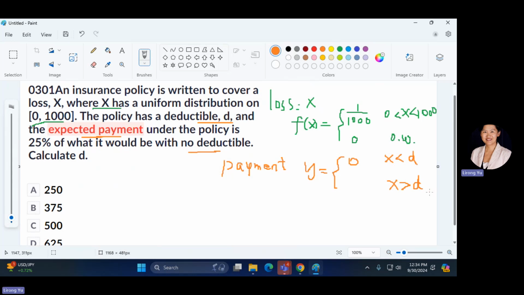How much do they pay? They only pay the part that's higher than the deductible. So the payment will be X minus D, where X is the loss. You don't pay the total loss, you pay the part that's higher than the deductible.